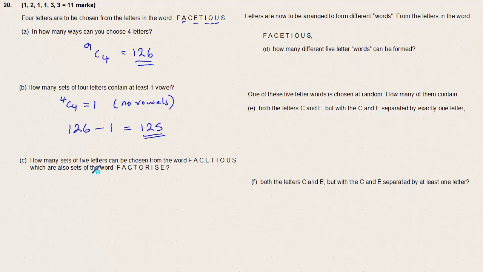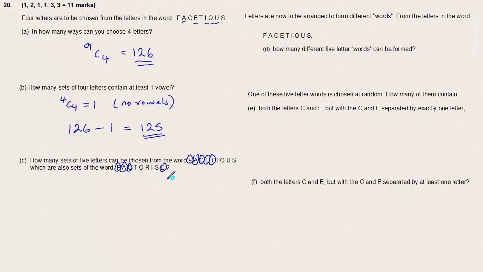How many sets of 5 letters can be chosen from the word facetious, which are also sets of the word factorize? So how many common letters do we have here? So the F is in common. The A is in common. The C is in common. There's an E in common.